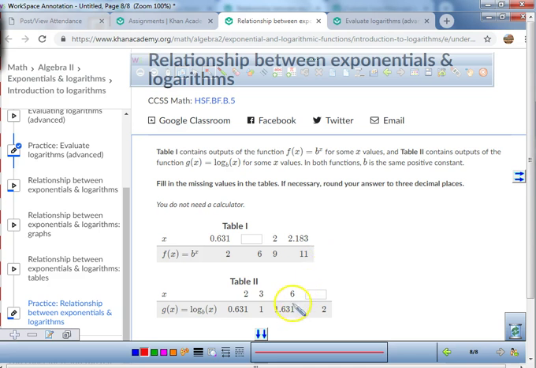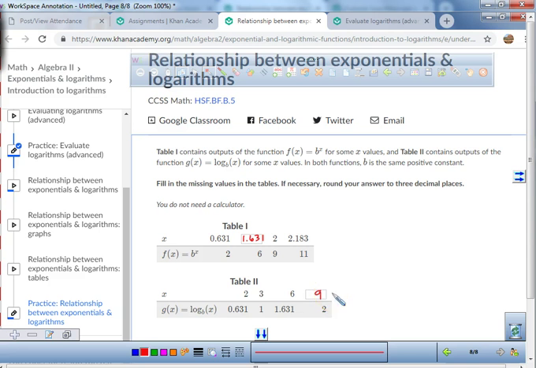This says 6 and 1.631. So what do you think I'm going to put right there? 1.631. Okay? Now that says a 2 and a 9. What number do you think I'm going to put there? A 9 goes with the 2.